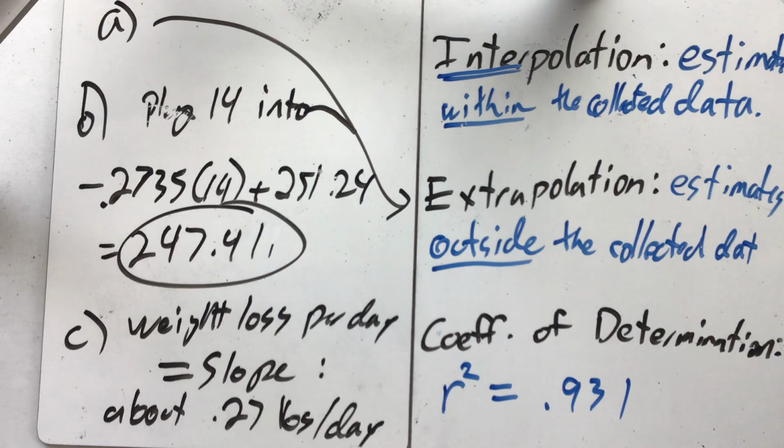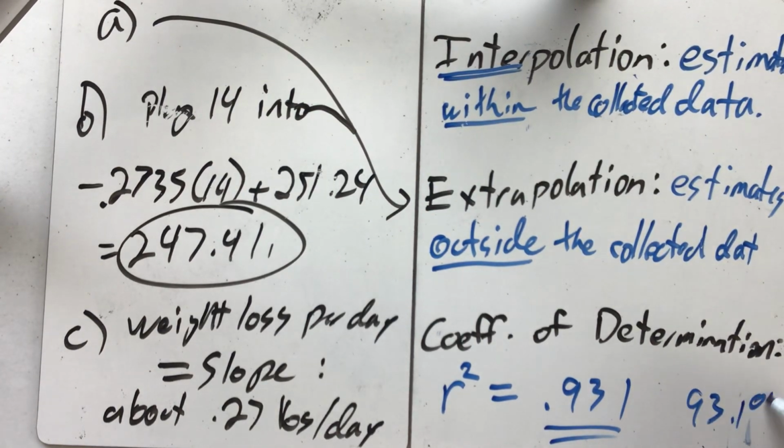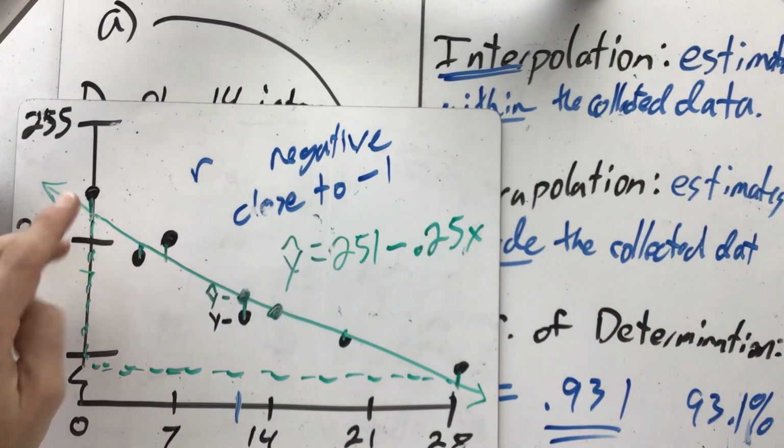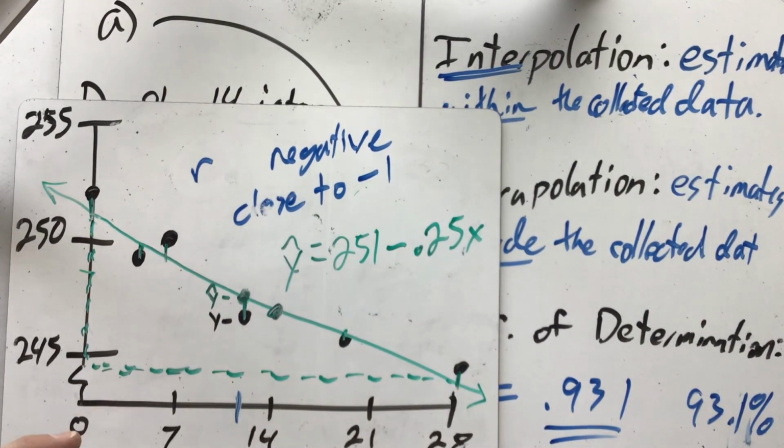And furthermore, r squared is always between 0 and 1, and the closer it is to 1, the stronger your correlation is. But the coefficient of determination also has another meaning, and this number can be thought of as a percentage. So this is like a 93%, and that means that as we look at our data, we know the weight is decreasing, and what it says is that about 93% of the decrease is correlated with the days on the diet.